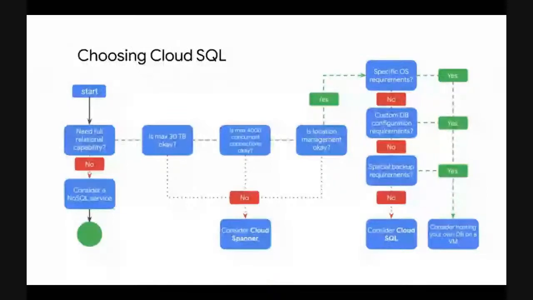If you have no concern with these constraints, ask yourself whether you have specific OS requirements, custom database configuration requirements, or special backup requirements. If you do, consider hosting your own database on a virtual machine using Compute Engine. Otherwise, I strongly recommend using Cloud SQL as a fully managed service for your relational database.